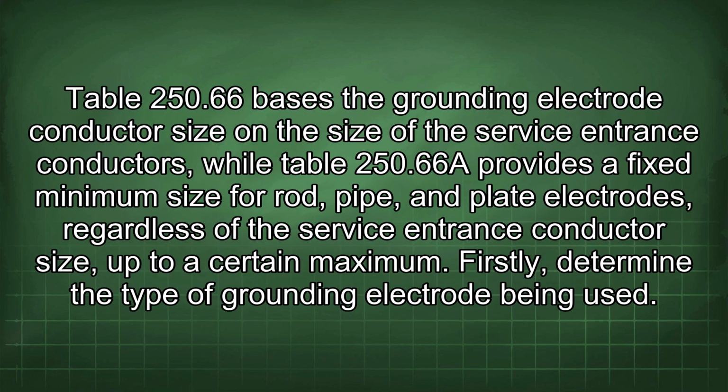Table 250.66 relates the grounding electrode conductor size to the size of the service entrance conductors, while Table 250.66a provides a fixed minimum size for rod, pipe, and plate electrodes, regardless of the service entrance conductor size, up to a certain maximum.